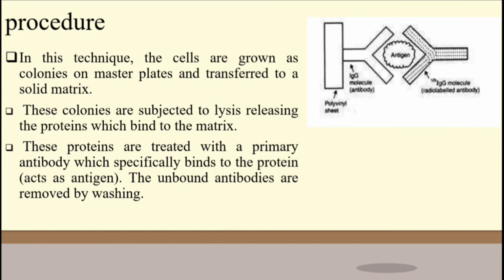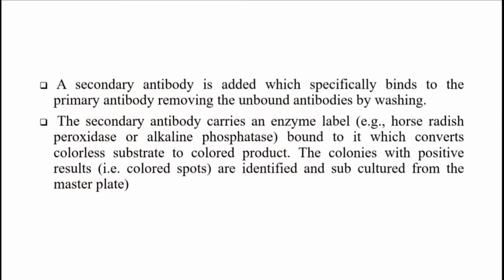The procedure for this technique is that the cells are grown as colonies on master plates and transferred to a solid matrix. Then these colonies are subjected to lysis, releasing the proteins which bind to the matrix. Then these proteins are treated with a primary antibody which specifically binds to the protein, acting as an antigen. The unbound antibodies are removed by washing.